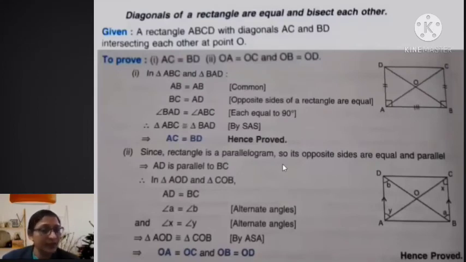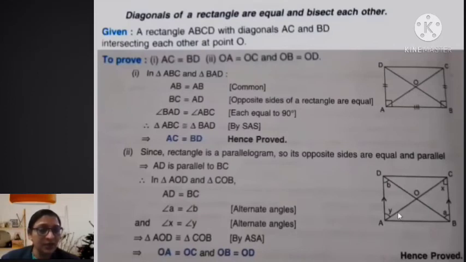Secondly, a rectangle is a parallelogram, so its opposite sides are equal and parallel. Side AD is parallel to side BC. In triangle AOD and triangle COB, side AD equals side BC, since they are the opposite pair of sides of the rectangle. In the triangles, angle A equals angle B, as they are alternate angles.